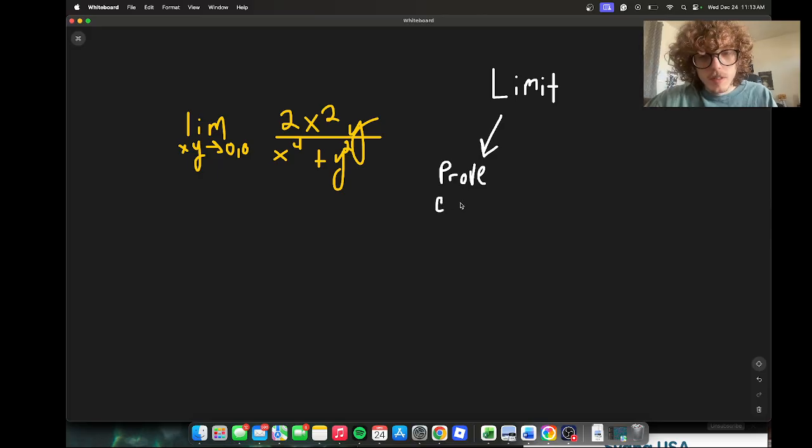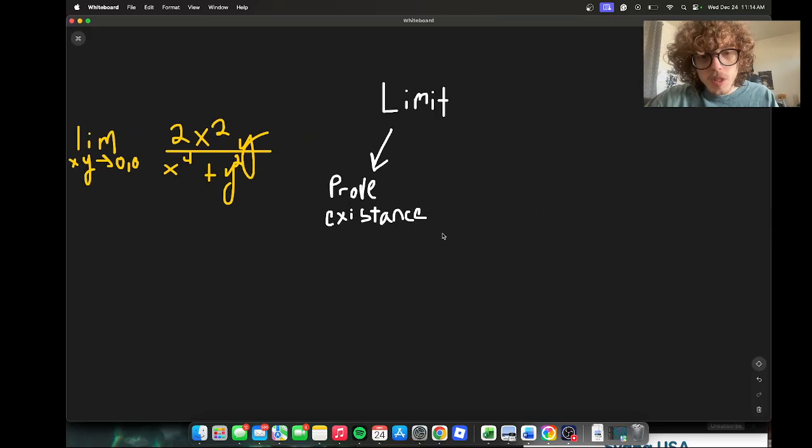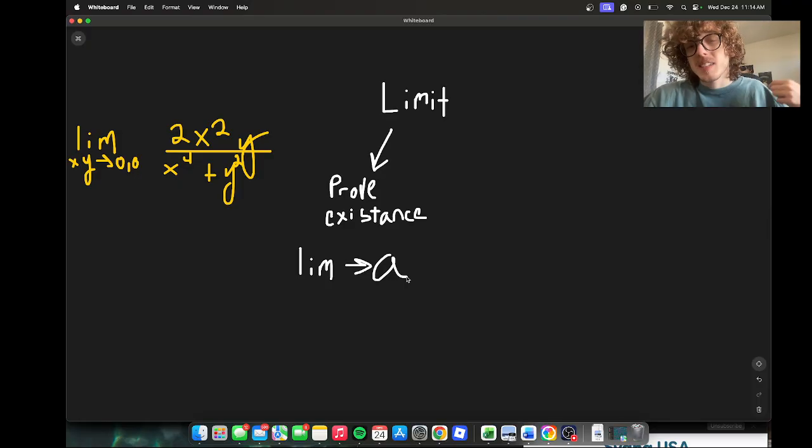If we go this route, we need to prove that the limit approaches a value that exists, called, let's say, value A. That would prove that the limit exists. If the limit exists at this point, it's a finite value, it works.